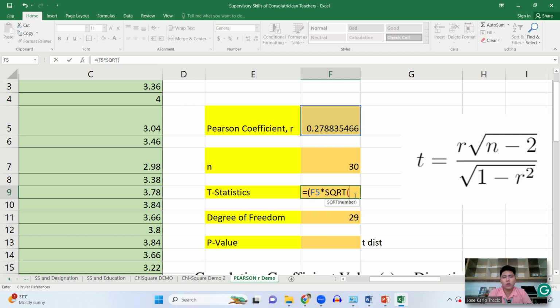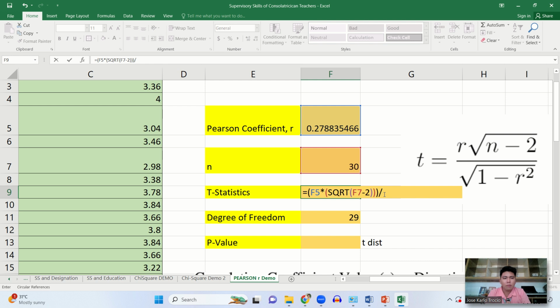Times the square root of N minus 2, 30 minus 2, close parentheses, another close parentheses, and another close parentheses. That sums up the numerator.